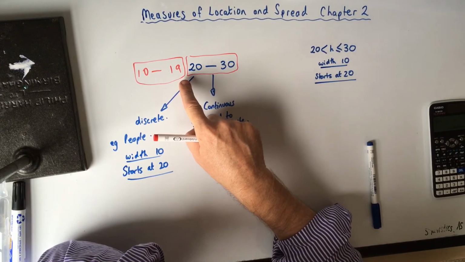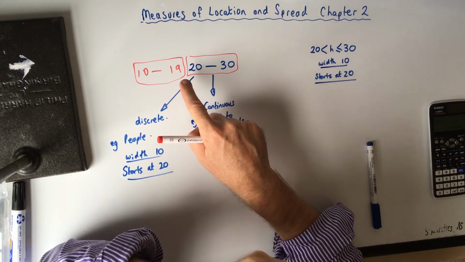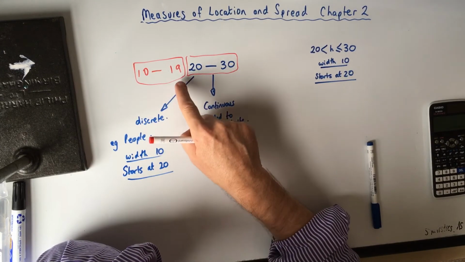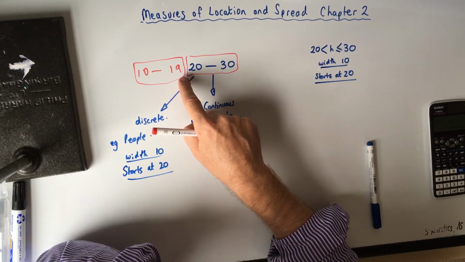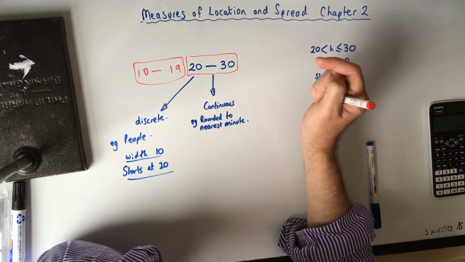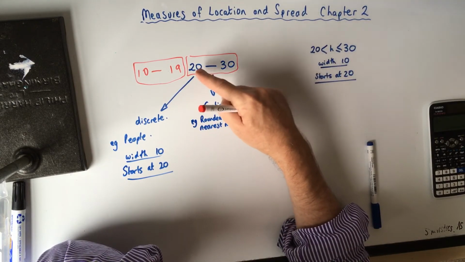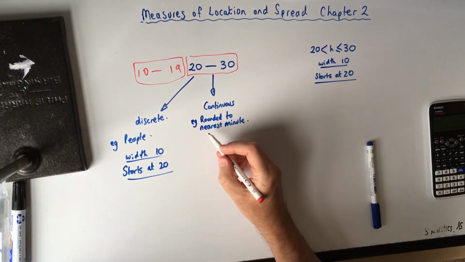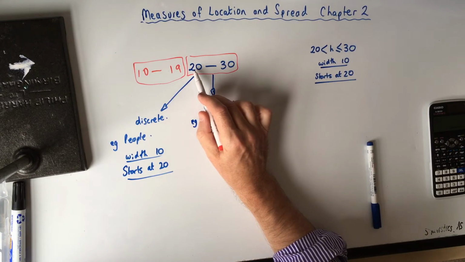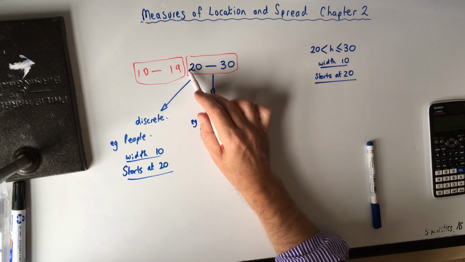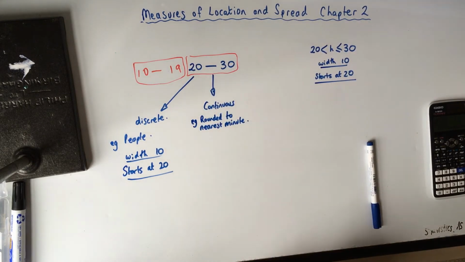And what they're saying is that if it's 19.4, then you're rounding down to 19, but if it's 19.5, you're rounding up to 20 minutes. So let's just say it's continuous data, but it's been rounded. If that is the case, then although it's 20 to 30, the smallest it could have been was 19.5.